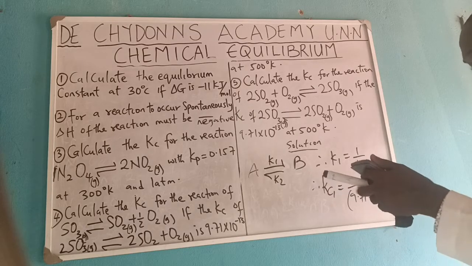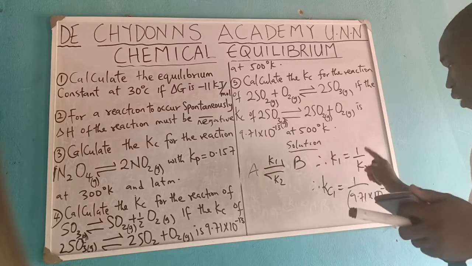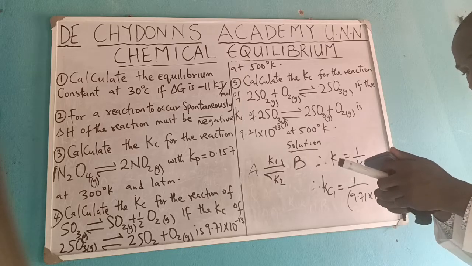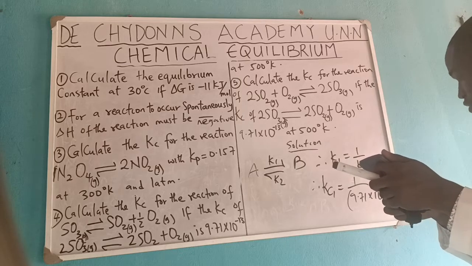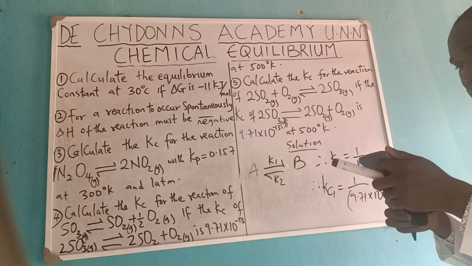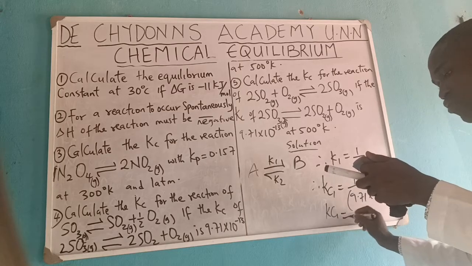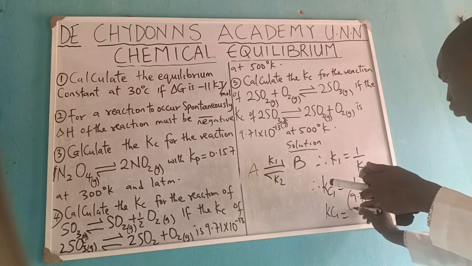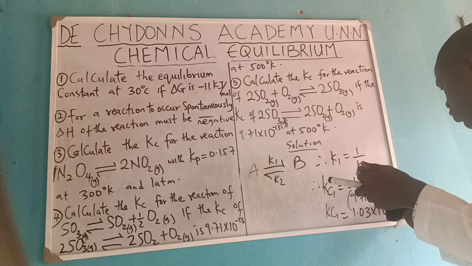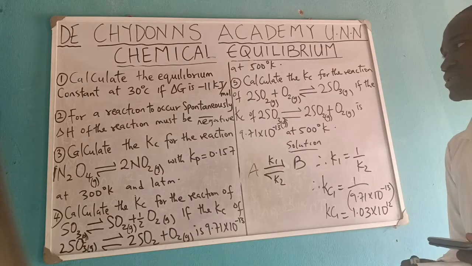Let's see. 1 divided by bracket 9.71 times 10 raised to power of minus 13. So that will be giving us Kc1 equals 1.03 times 10 raised to power of 12. That becomes the answer.